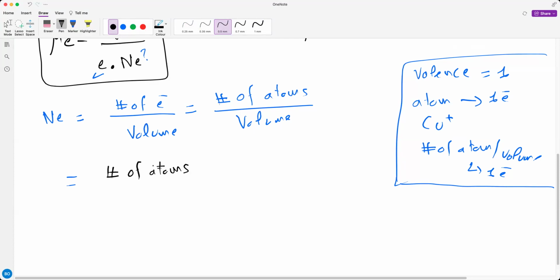Any idea? I'm giving you the density of copper, the atomic mass of copper, and I'm asking you to calculate how many atoms in a cubic meter, or cubic centimeter, do we have. How many atoms of copper? How do you solve this? You multiply the atomic mass with density?